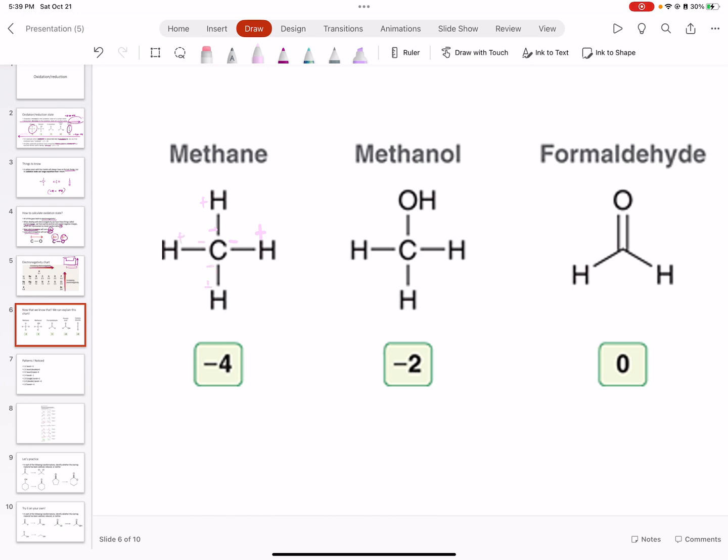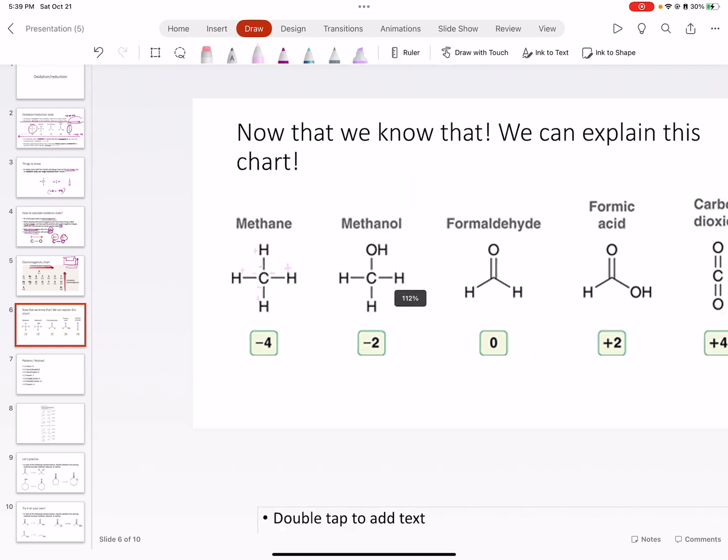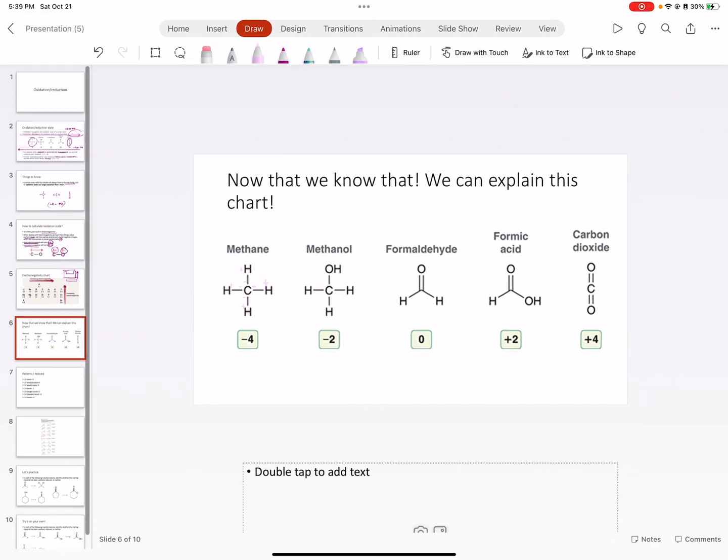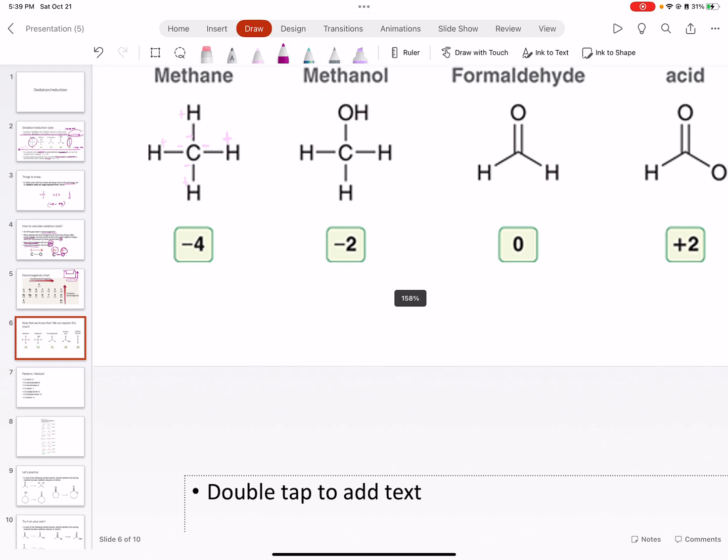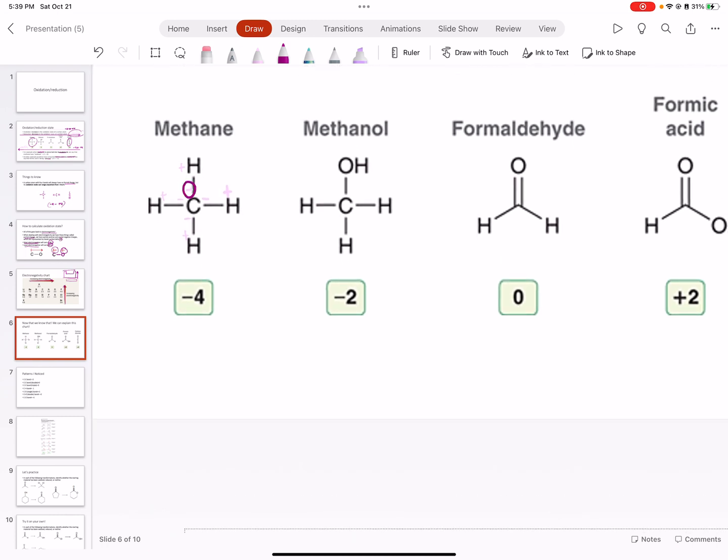Since we're calculating the oxidation state of a carbon atom, we're just going to count the charges around that carbon atom. So if you count, we have -1, -1, -1, -1. If we add all of them up, we have -4.